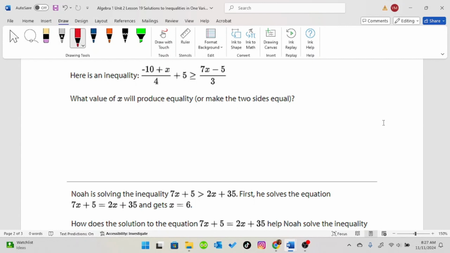So, if we want to change this to make the two sides equal, then we are going to replace the greater than or equal symbol with just equals.